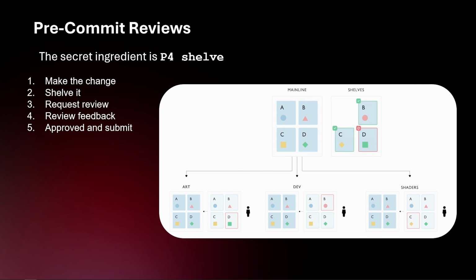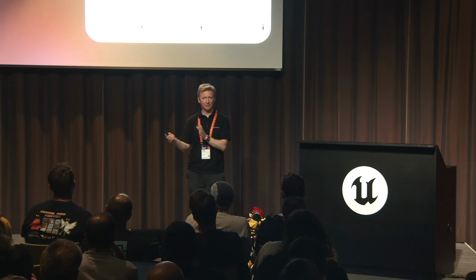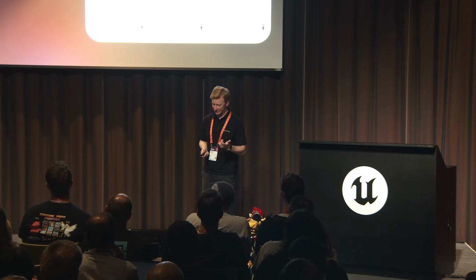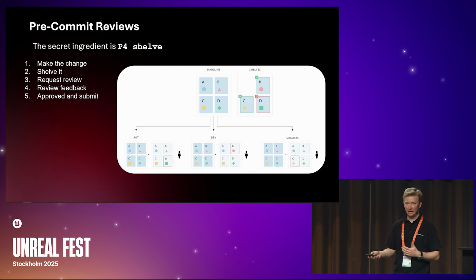So we have A, B, C, D, four files here, and we made changes to B, C, and D, but that is still not being submitted into your mainline. In this case, B and C were approved with this green checkbox, and file D failed, so that's not something that is ever going to make it into the mainline. Then you can have a submit, either from code review directly or via some other script or from P4V, into your mainline as soon as something gets approved. So that's the magic behind how we do this pre-commit review model in P4 Code Review.